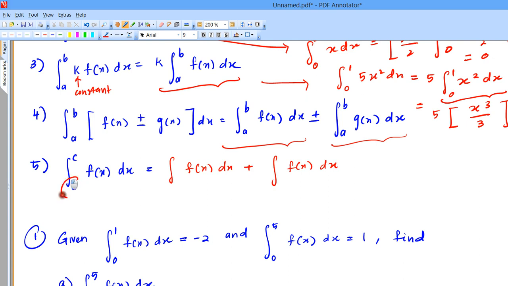So lower limit we have a for the first integral, and then for the second integral just put the upper limit c. So the middle value is actually based on the given information, based on the question. Maybe you can put b here, and if we cancel out b, actually we get the left hand side.